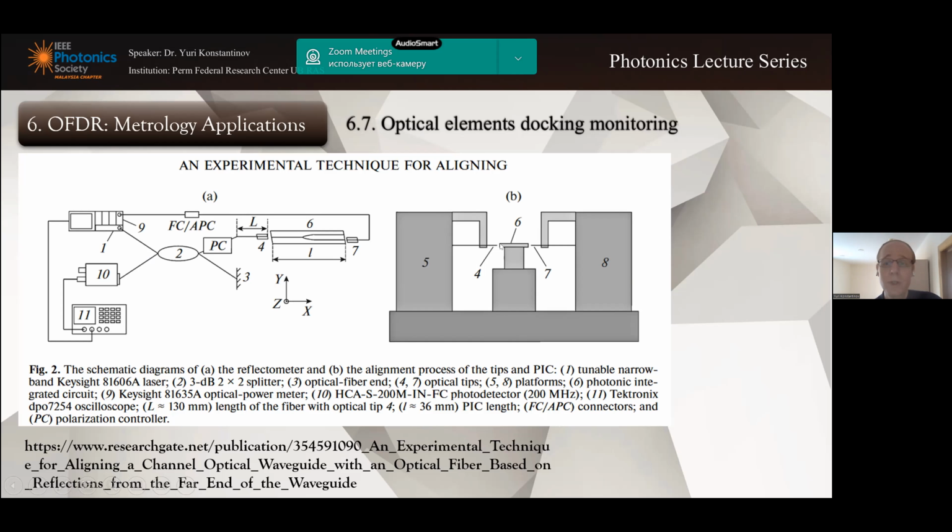And if we need the reflection from this side, we could extract this too. So we could control both reflections, or we can use the connection using only one side access connection with this OFDR.